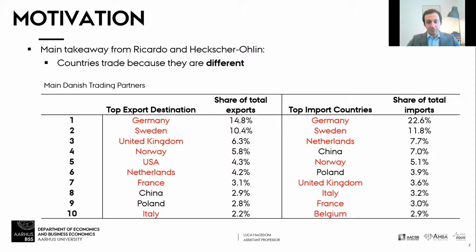Well, perhaps there are some differences, but when we look at the aggregate implications on wages or per capita income, the per capita income in Sweden and Denmark is relatively similar. What that means is that neither of the two countries really has an absolute advantage in anything. They both have the same average productivity.